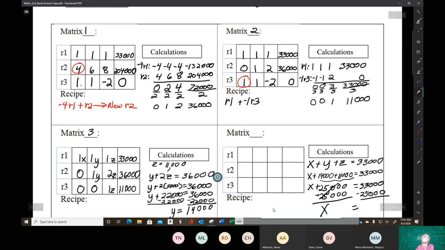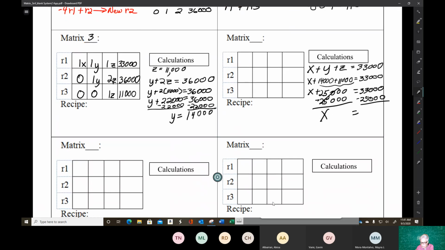Oh. 33, that's going to be 8. 8,000. At least the way I did it.